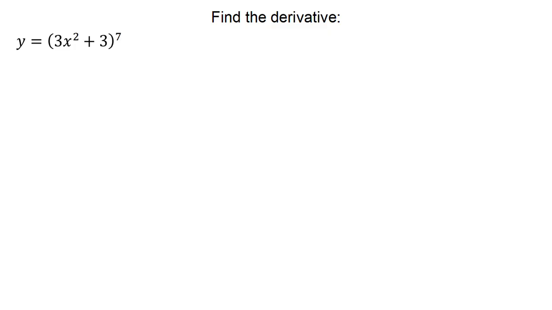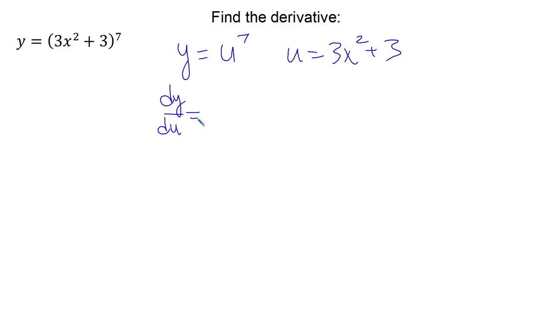All right, for number 9 here, we have 3x squared plus 3 to the power of 7. So this is y is equal to u to the 7th power, where u is equal to 3x squared plus 3. So it's a chain rule problem, but it's a chain rule problem in which all we have to do is use the power rule, right? dy/du is 7u to the 6th, and du/dx is just 6x.